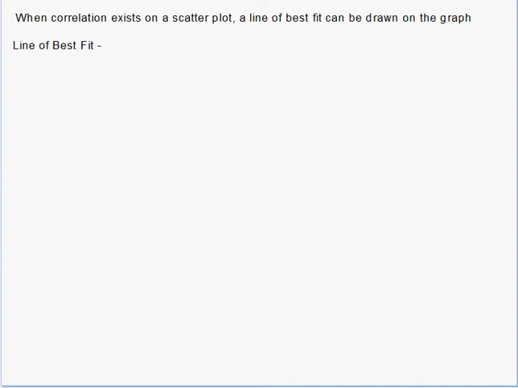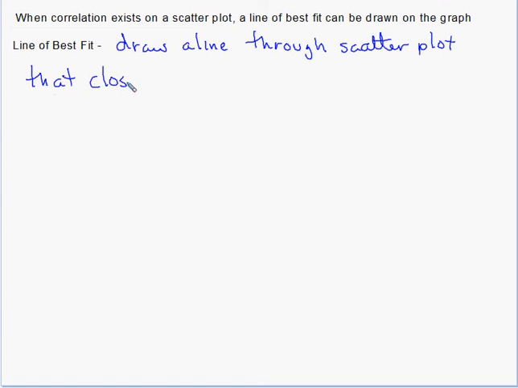So we talked about that if there's a correlation, it looks like the shape of a line, right? So the line of best fit is when you draw a line through your scatter plot that as closely as possible approximates the shape of the data.